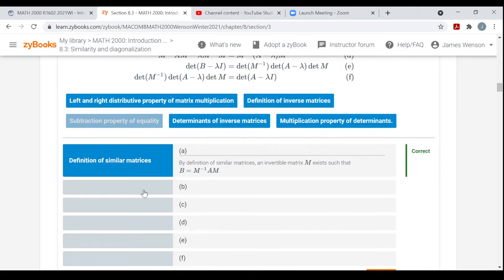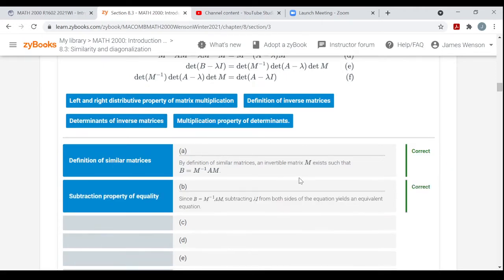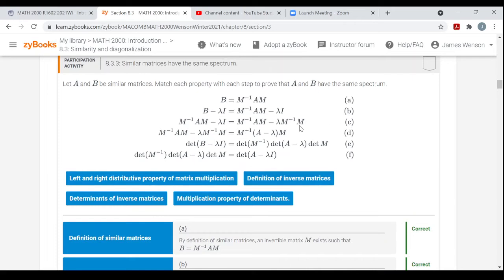So I'll make that the second line of reasoning. And look at the third line. What happened here? Well, see how they changed these I's? They changed this I to M inverse times M. And they changed B here to M inverse times A times M from the first line.